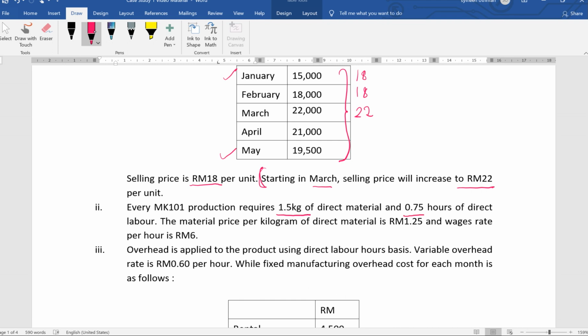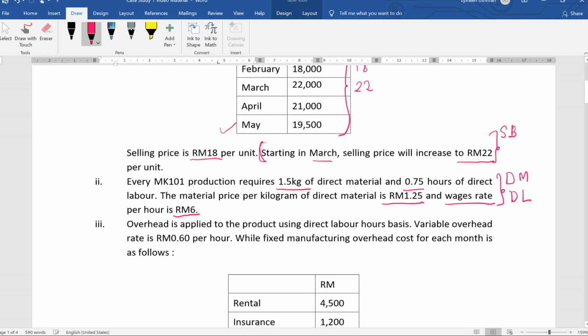The direct material price per kg is RM 1.25, and the wage rate for 1 hour is RM 6. This is the information you're going to use for your direct material budget and also your direct labor budget. And the sales information you're going to use for your sales budget.